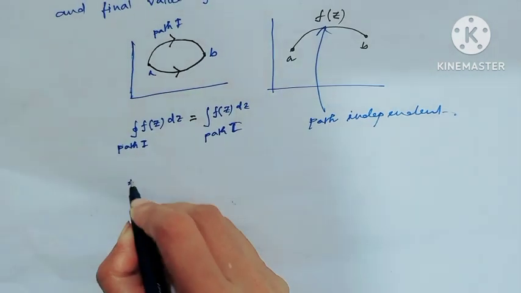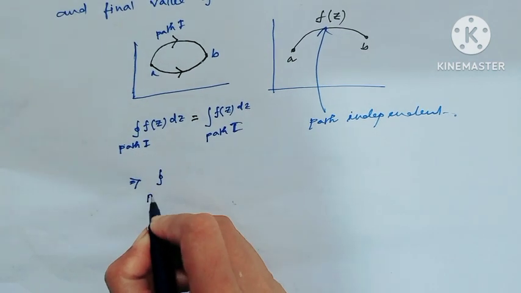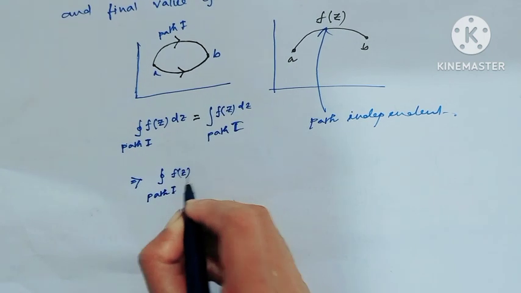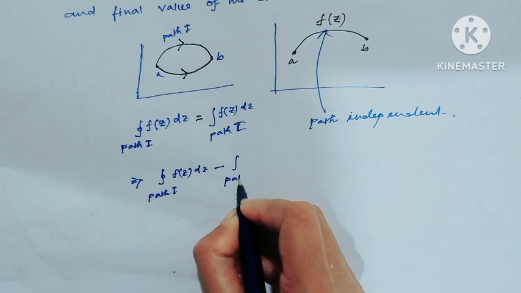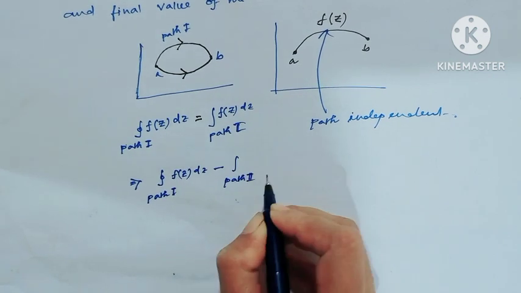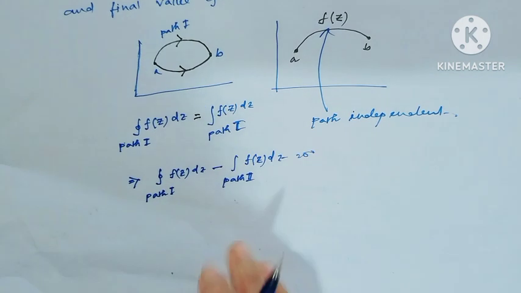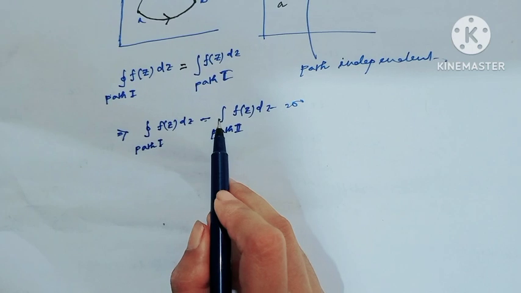And we can write this as the integration over path 1 of f(z) dz minus the integration over path 2 of f(z) dz equal to 0. And here notice the minus sign.